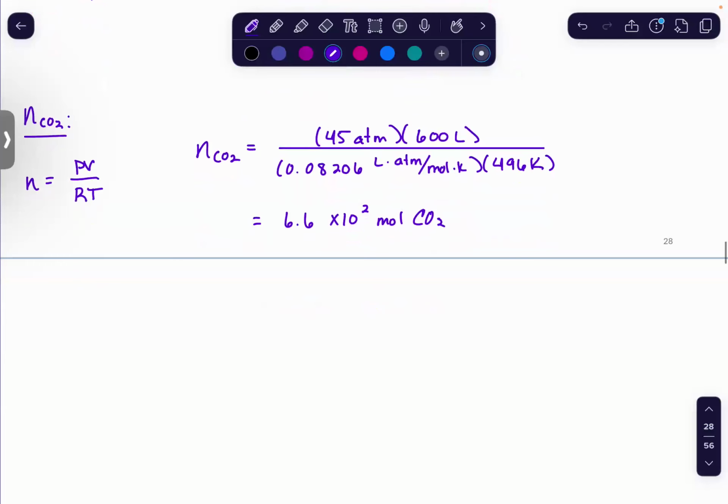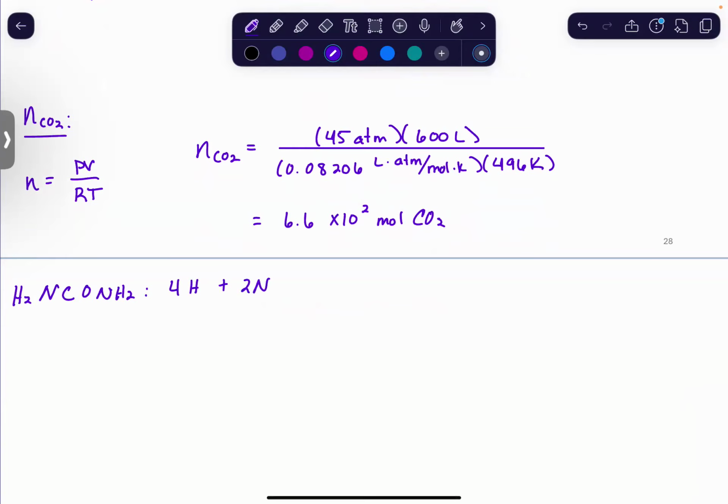Okay, so, well, H2NCONH2. That is going to be four H's, two nitrogens, plus a carbon, plus an oxygen.